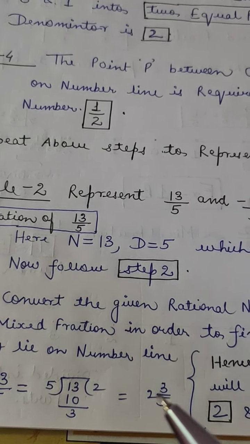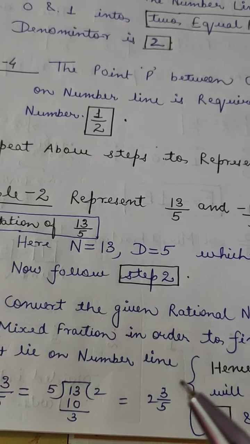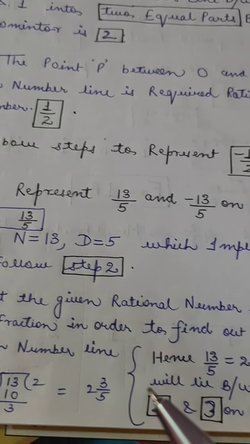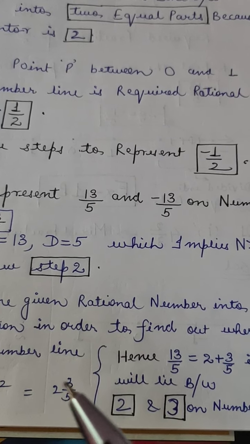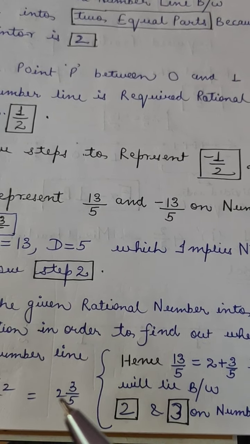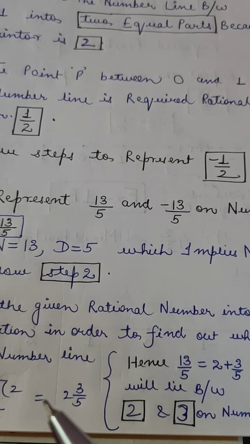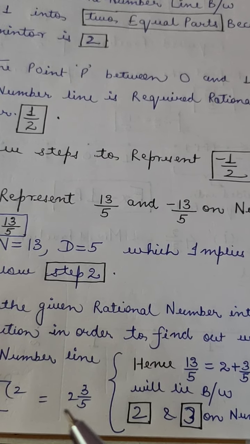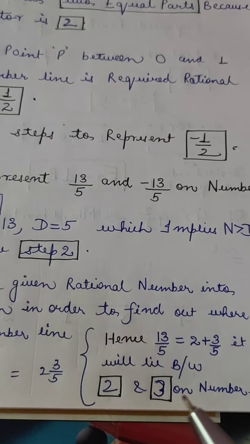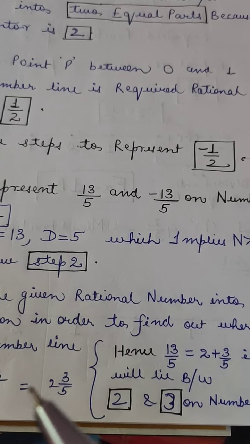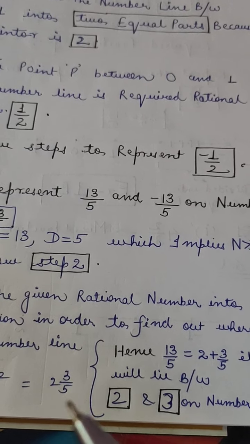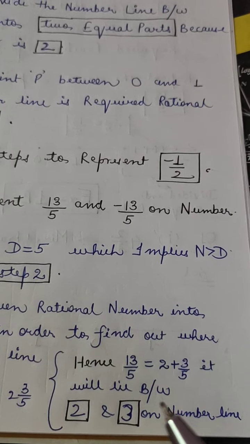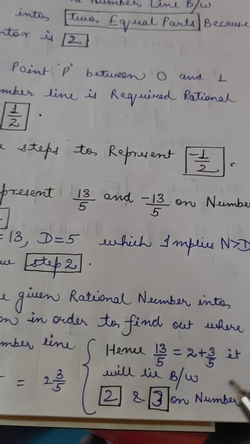Okay, so 2 is the whole number part and 3 by 5 is the rational number part. Clearly from the whole number part we can find out that this rational number will lie between 2 and 3. This whole number part will guide us where this rational number will lie on the number line. So it is lying between 2 and 3.